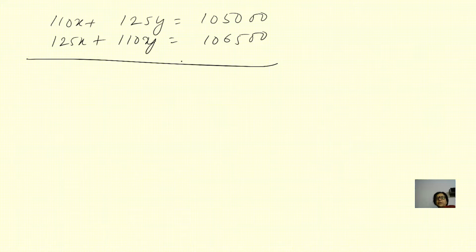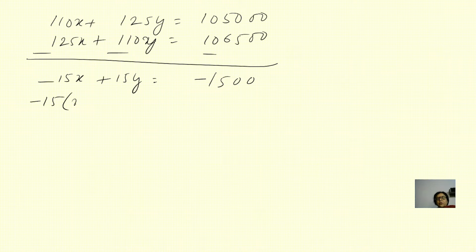If we subtract the two equations, the sign will change. So this will become minus 15x plus 15y is equal to minus 1500. Now if I take out minus 15 common, we are getting x minus y is equal to 100, since the minus and minus get cancelled. X minus y is equal to 100.